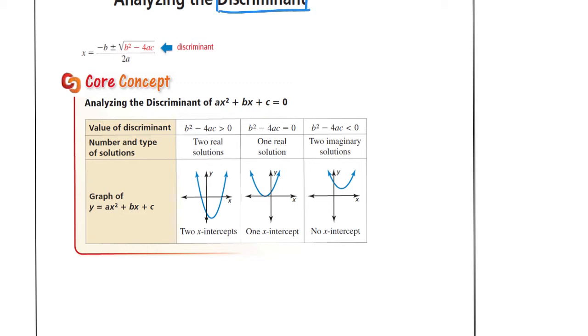And the discriminant is the b squared minus 4 times a times c that is located underneath the square root sign. So you can see it right there.